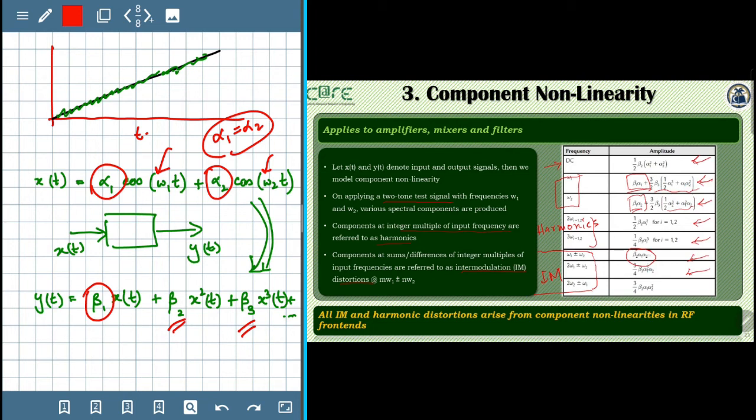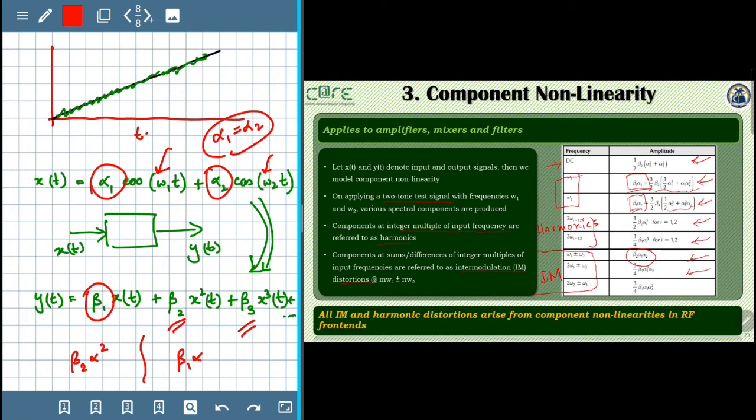The problem, however, is that the second order intermodulation distortion amplitude is given as beta 2 times alpha square, unlike the desired signal, which is beta 1 times alpha.